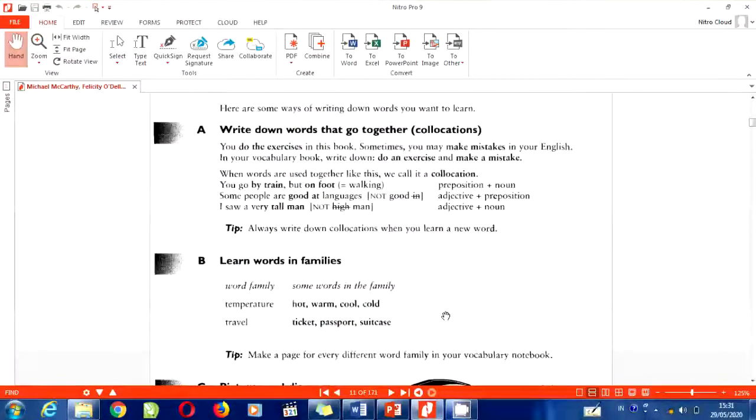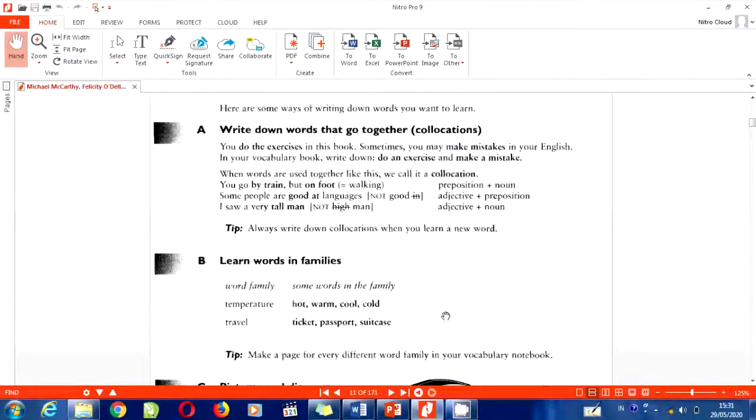The tip: always write down collocations when you learn a new word. Many English phrases complete one another, like by plane, by train, by bicycle, but not by foot.